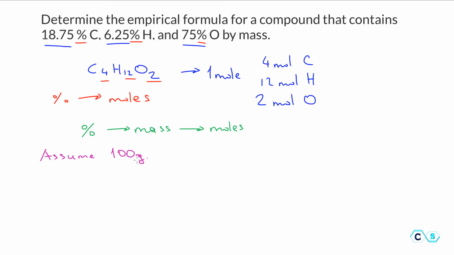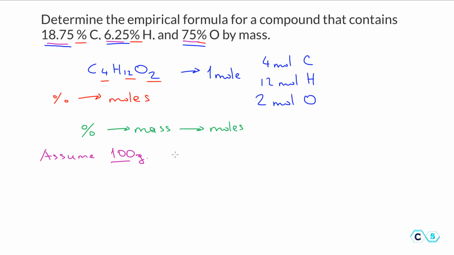Because if we convert these percentages to grams for a 100 gram sample, suddenly all of these numbers, the 18.75, 6.25, and 75, will turn into grams. What is 18.75% of 100? It is 18.75.